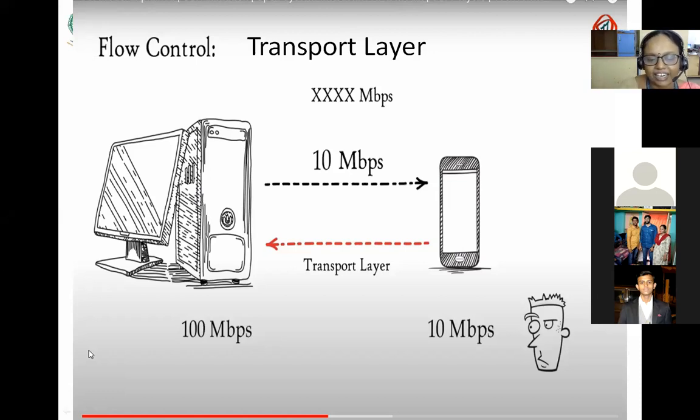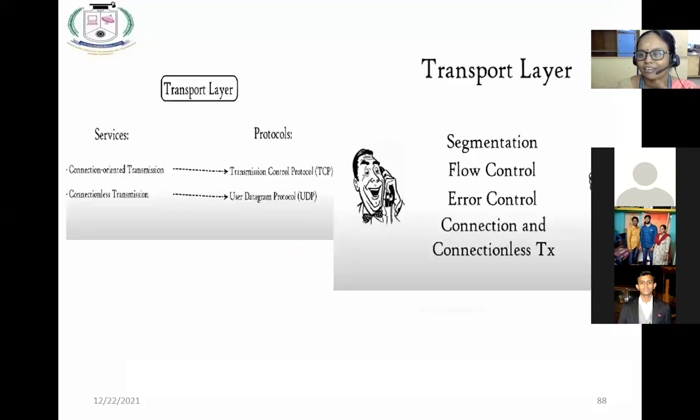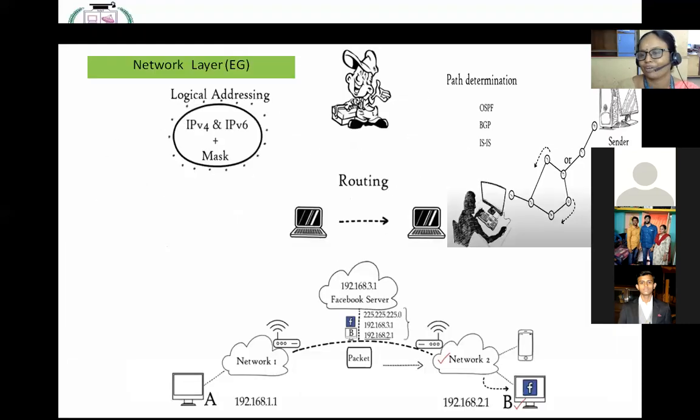My phone is receiving 10 Mbps, and the transport layer takes the responsibility. Some of you have seen the data link layer and transport layer both doing flow control and error control, but the meaning is the same. So what will the transport layer do? Divide the data into segments, with flow control and error control, and the session and transport protocols are also very important. Then the network layer, we saw one thing yesterday.